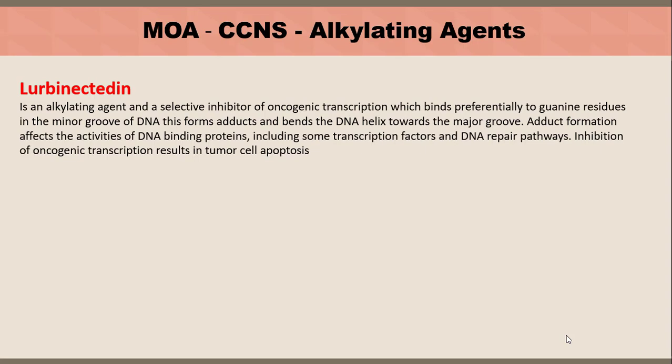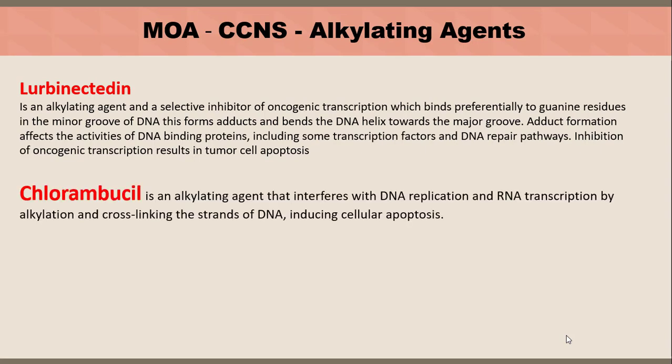This forms adducts and bends the DNA helix towards the major groove. Adduct formation affects the activities of DNA binding proteins, including some transcription factors and DNA repair pathways. Inhibition of oncogenic transcription results in tumor cell apoptosis.